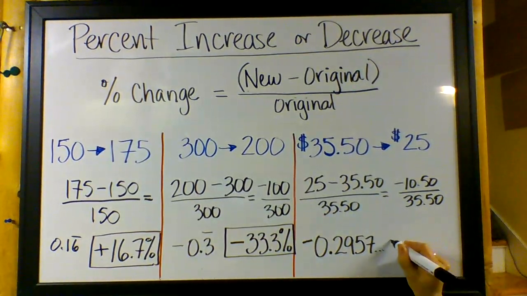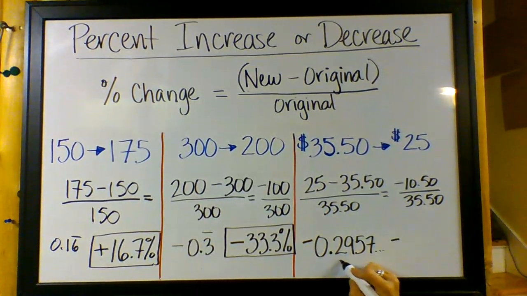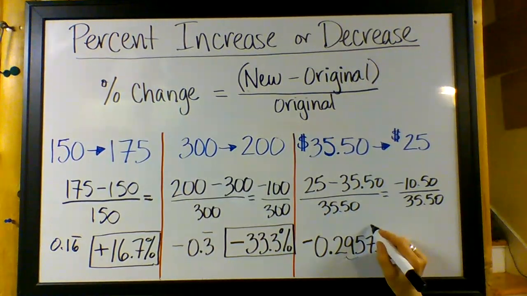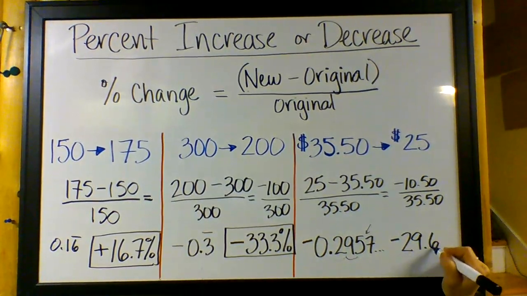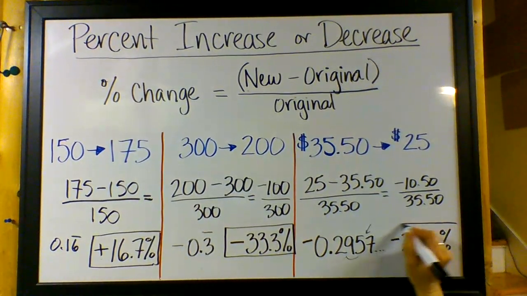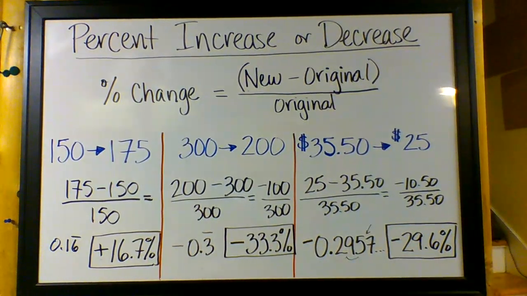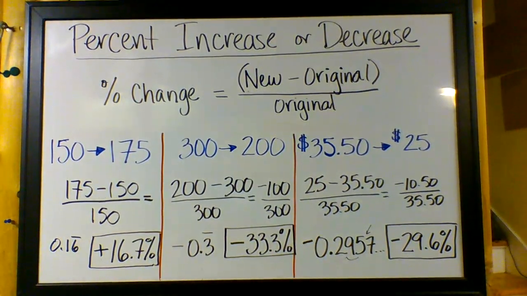But I'm going to move my decimal point 2 places and round it to the tenths place. So this would be negative 29.6% change, or a 29.6% decrease.